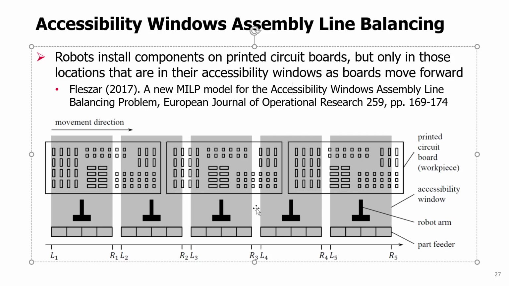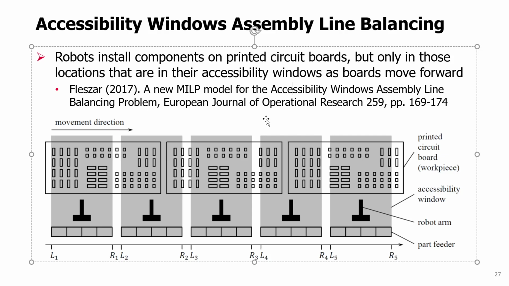But the interesting thing is that the boards themselves, the products, are wider than the space that is accessible by a robot. So, for example, in this case, this robot can install parts on this side, the gray part accessible by this robot. And this robot could work on the same product on these parts, right?